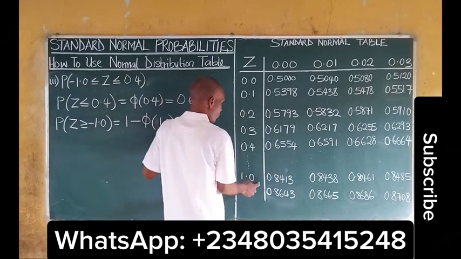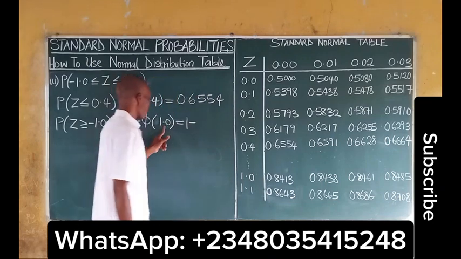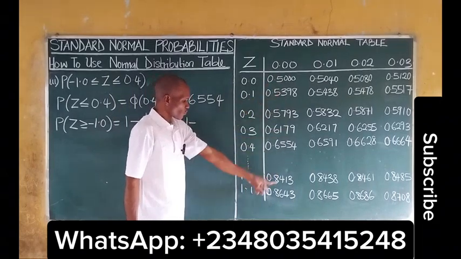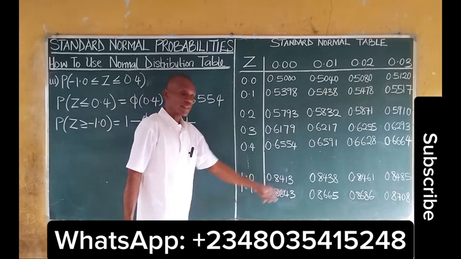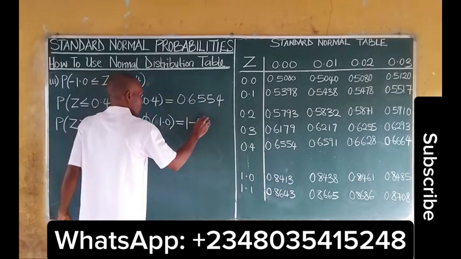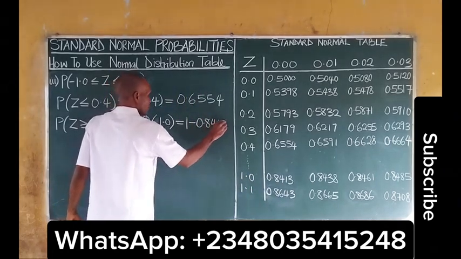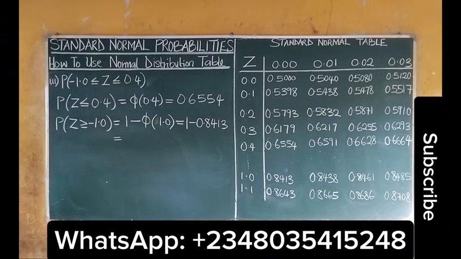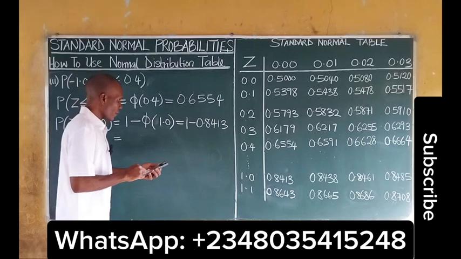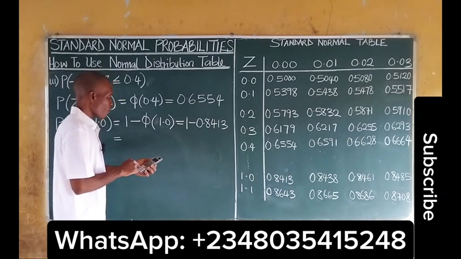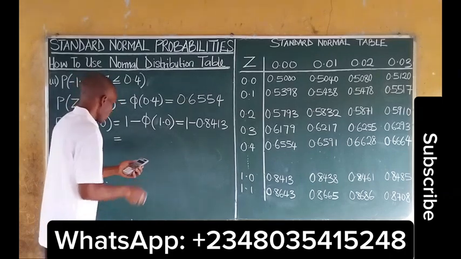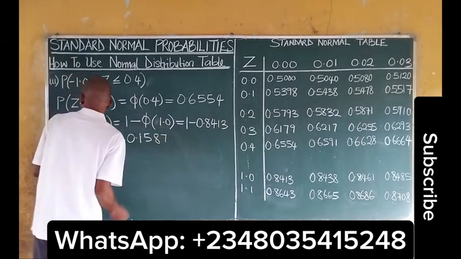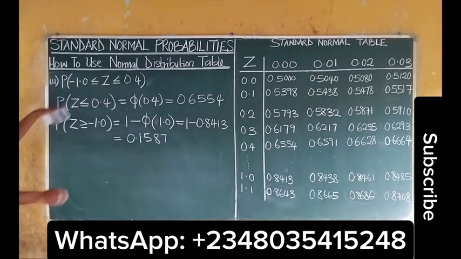That means the row is 1.0 and the column is 0.00, which is this part. 1.0 under 0.00 is 0.8413, which is equal to 1 minus 0.8413, which is 0.1587.